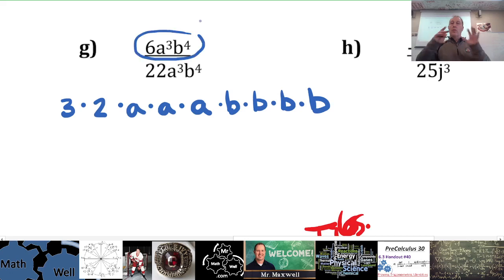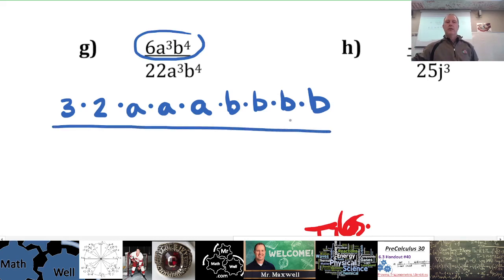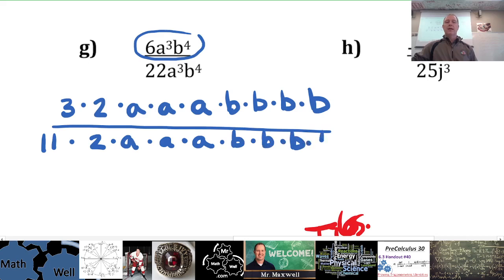It's broken down as much as it can be. On the bottom, 22. Okay, I can divide that by 2, which gives me 11. 11 is prime, so I can't divide 11 by anything other than 1 and itself. So I'm going to go 11 times 2, and then times A times A times A, and times B times B times B times B, because there's 4 B's on the bottom.